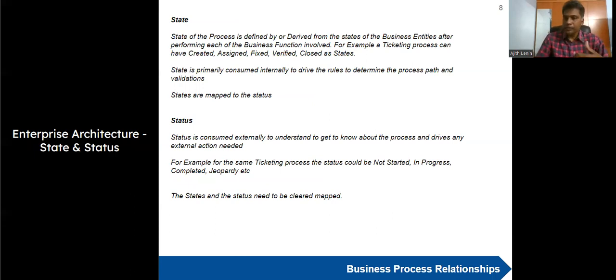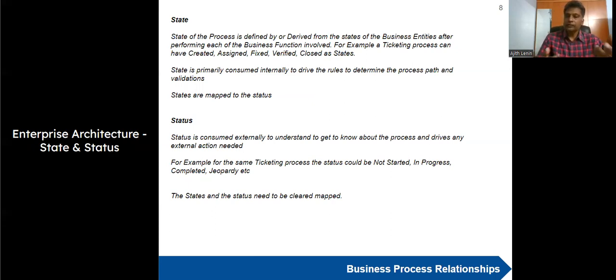The primary purpose of the state is to derive the path of the process, through the state transition diagram, which we typically use to represent a process. For example, a ticketing process can have created, assigned, fixed, verified, closed, or whatever it could be. That means the business meaning of the business function performed should come in the state, so that based on that we can determine the next action internally.